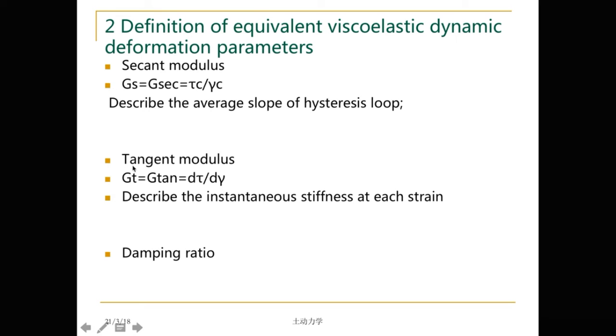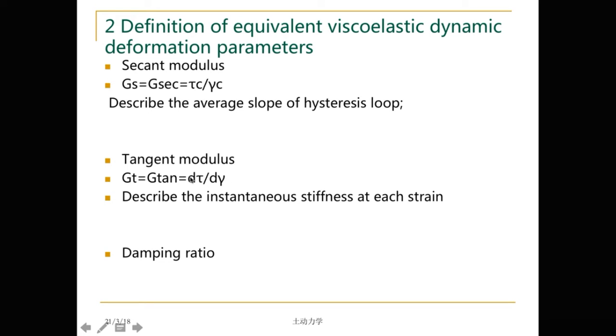Another one is the tangent modulus, and we use subscript T here. G_T means G tangent. It's calculated by d tau divided by d gamma.